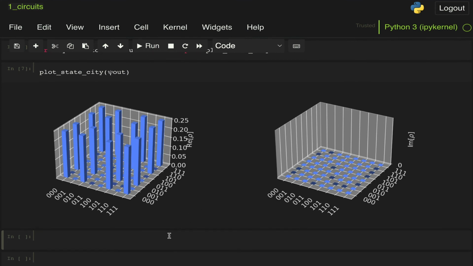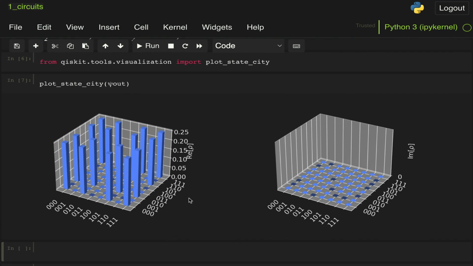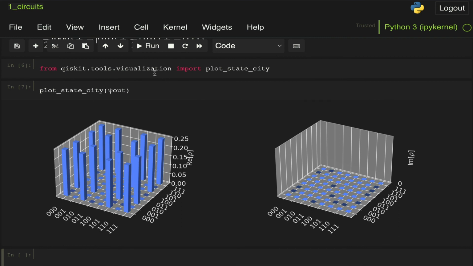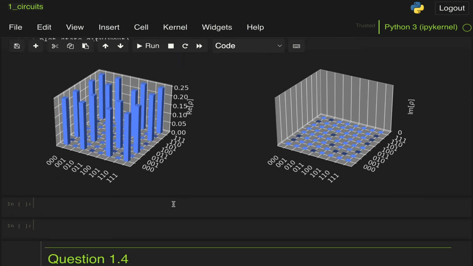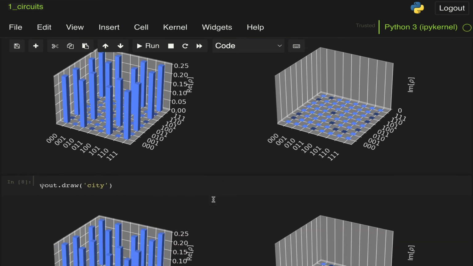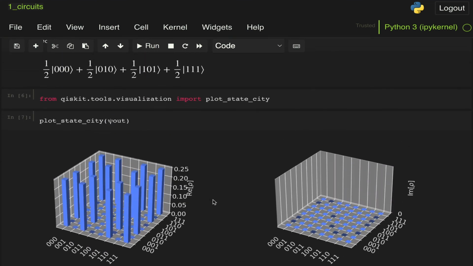Now, with the newer version of Qiskit, you really don't have to import this visualization method. Actually, if you have a state vector, in this case psi_out, you can just do the draw method, and you can specify here city, and you would get the exact same plot without having to import this.